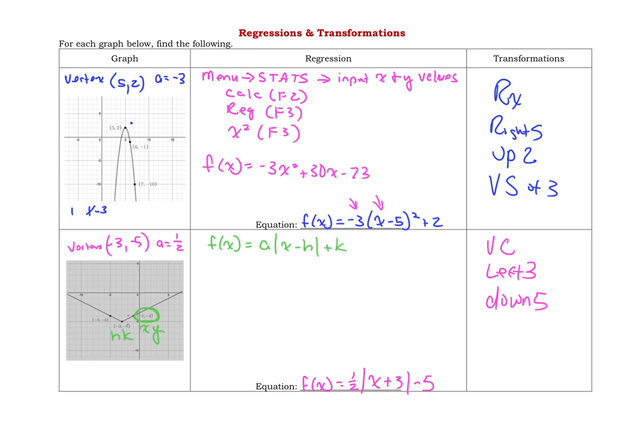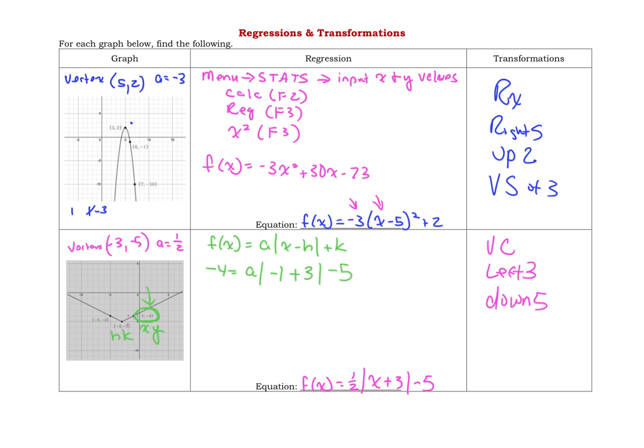So now I'm going to plug in what I have. My f of x, my y value, which I got from this ordered pair, is -4. I don't know my a. The x value is -1. The h value is from the vertex at -3, and then -5.